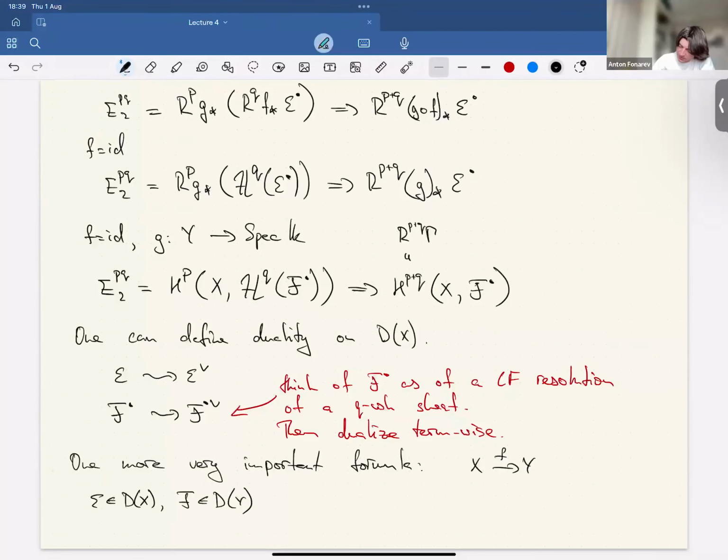One thing is I can take the derived pullback of F, take the derived tensor product with E, and thus I get a bundle on X. And then I can take the derived push forward, and I get a bundle on Y. But instead, I could have just taken the derived tensor product of F with the derived push forward of E.